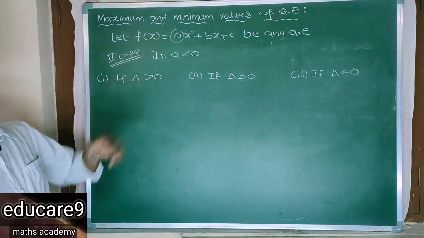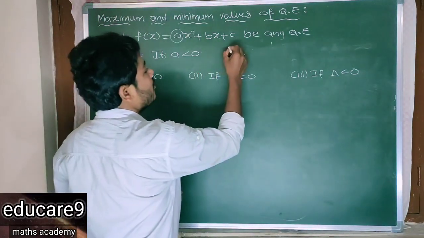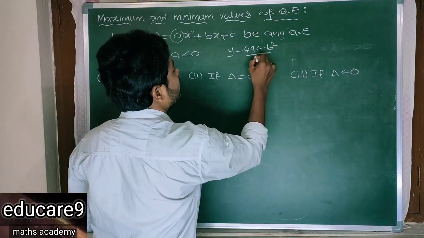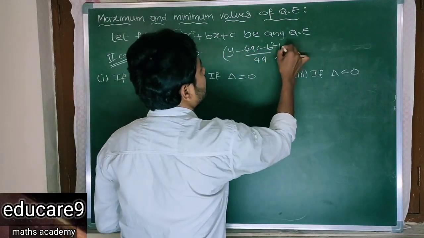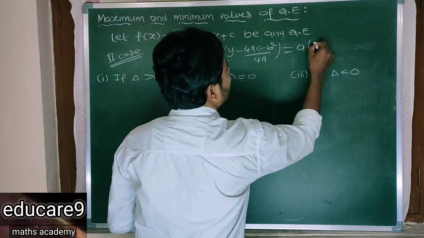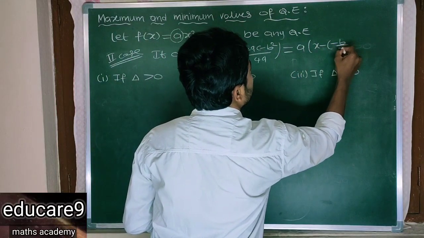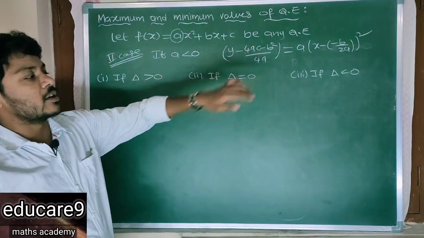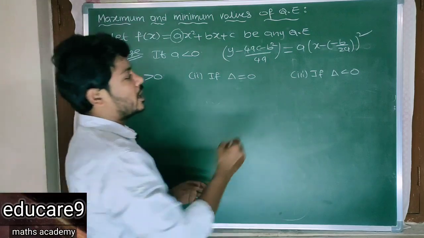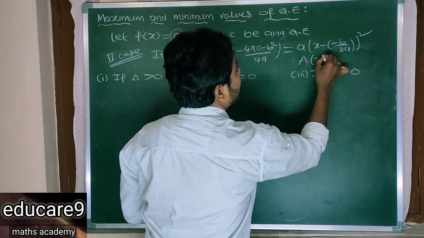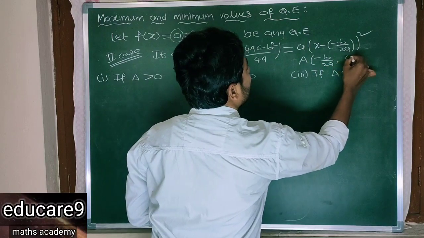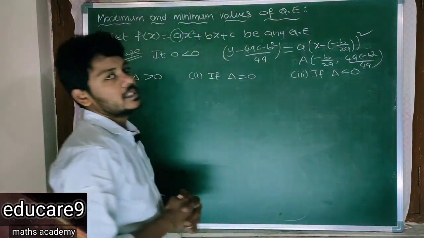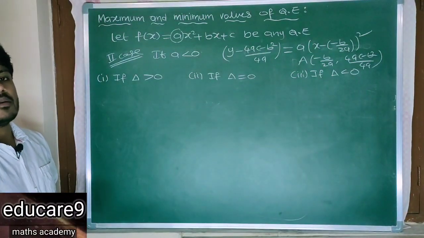See here, how to write this expression? Y minus 4ac minus b square by 4a is equal to a into x minus of minus b by 2a whole square. So clearly this represents a parabola whose vertex is minus b by 2a comma 4ac minus b square by 4a.